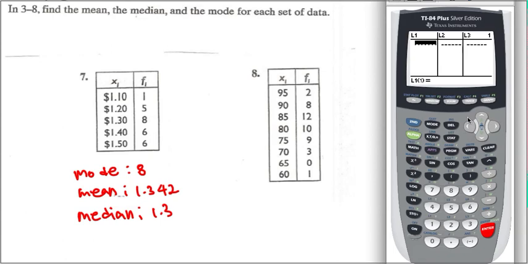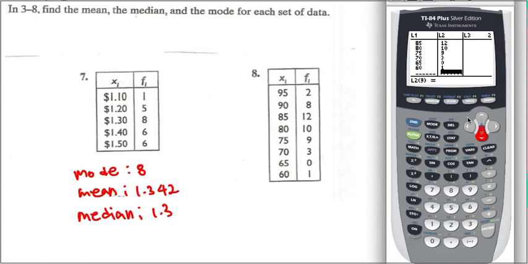All right, so first we have to plug in these values: 95, 90, 85, 80, 75, 70, 65, and 60. The frequencies are 2, 8, 12, 10, 9, 3, 0, 1.